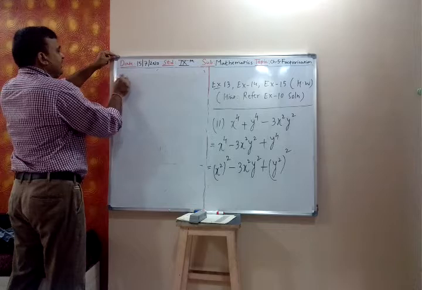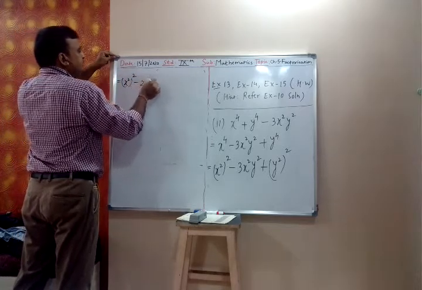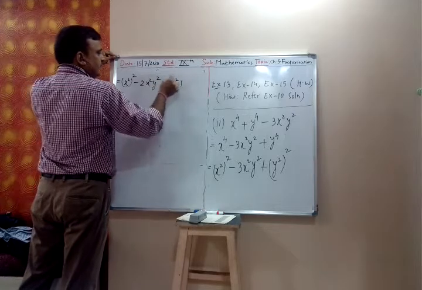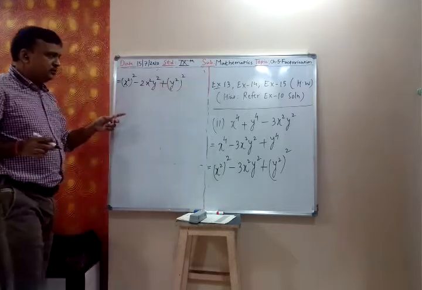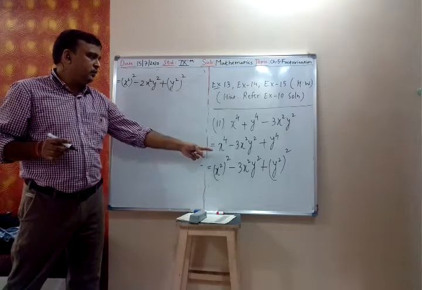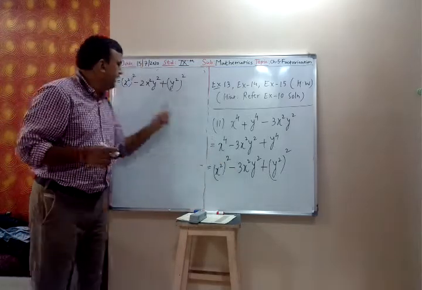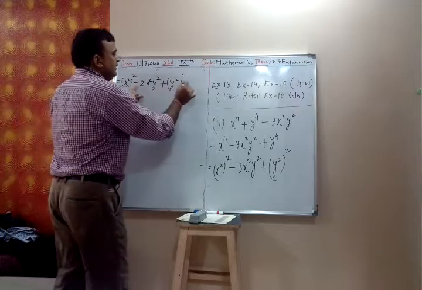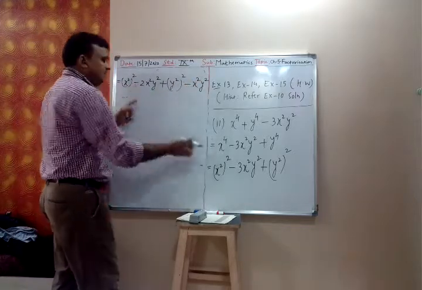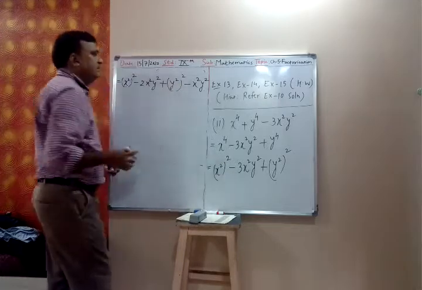So I write x square whole square minus 2x square y square plus y square whole square. Minus 3x square y square I write as minus 2 and what is left now is minus x square y square, since minus 2 minus 1 is minus 3.